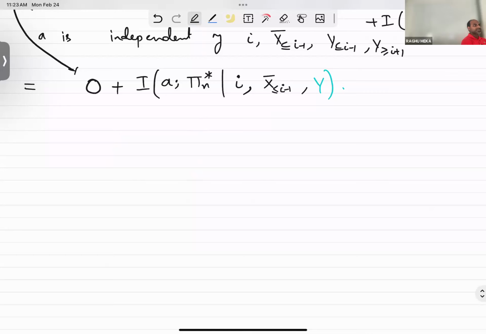Any questions? All right. And now we'll use the definition of conditional mutual information. So what is conditional mutual information? You look at the probability that that conditioning happens, and then you look at the mutual information, right?